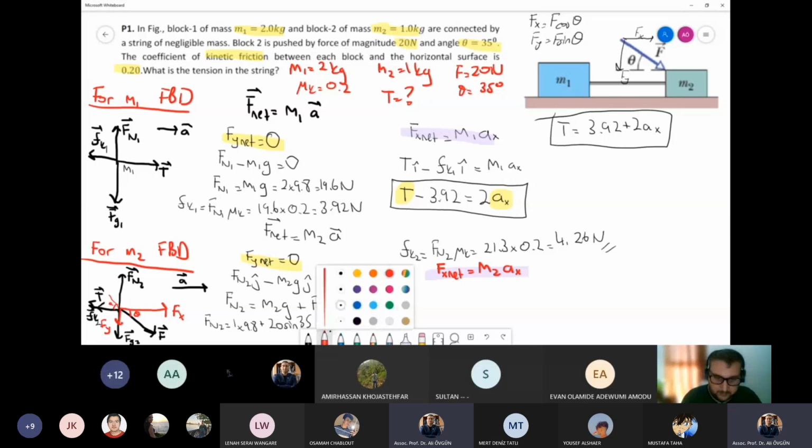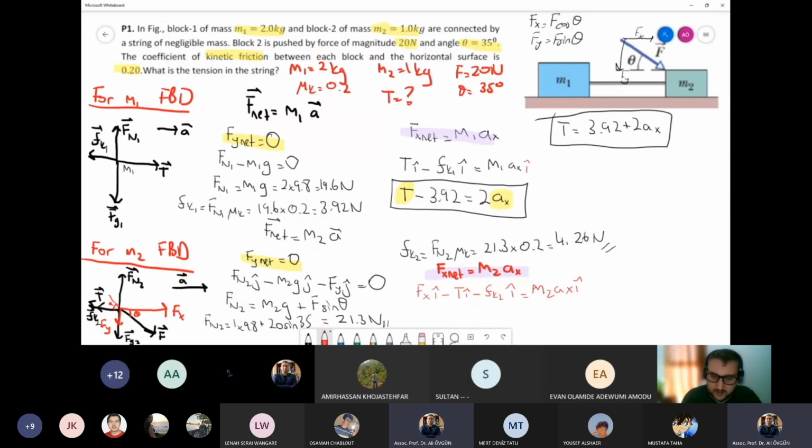How can you write it? What are the forces on the x-axis? Fx i hat minus T i hat minus Fk2 i hat equal to M2 ax i hat.